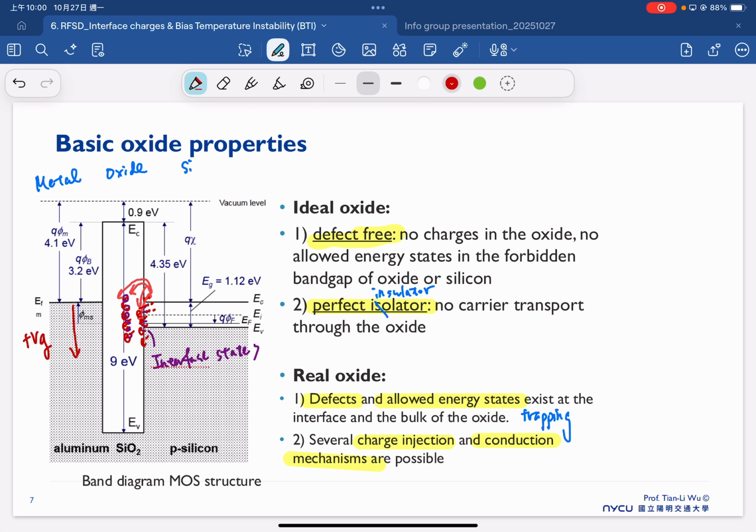That's what we call trapping. Trapping means that the electrons are captured by the interface state or defect.